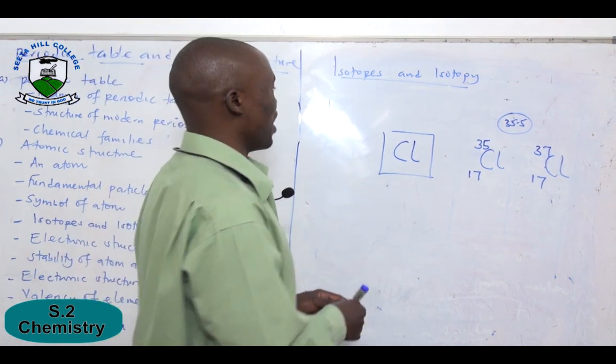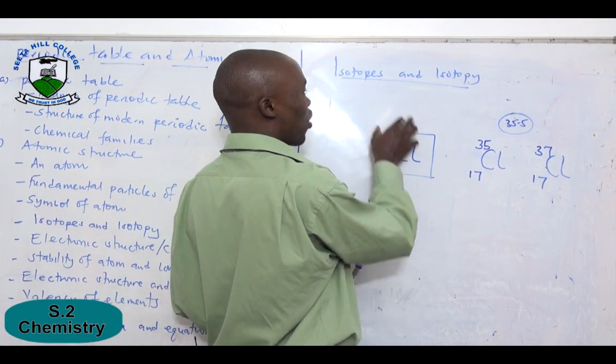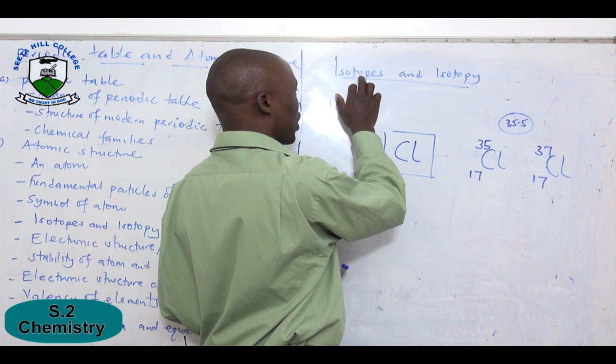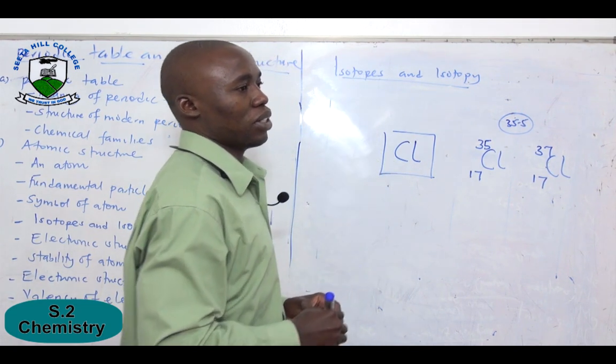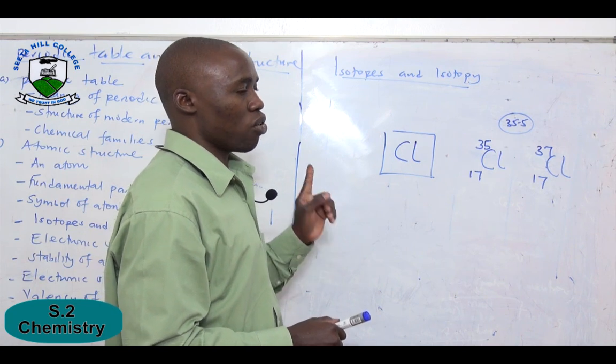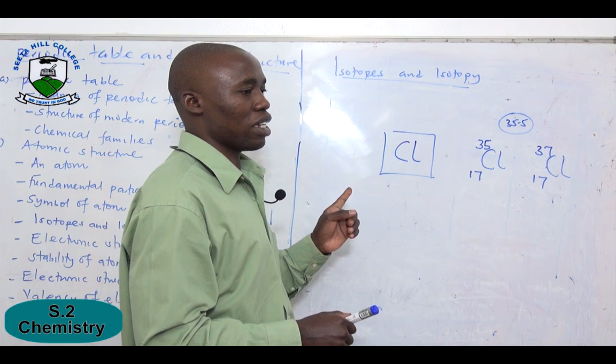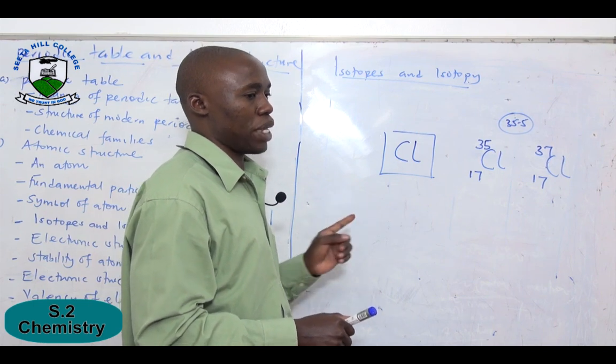The two representatives of the same chlorine are called isotopes. Then all elements which have more than one representative are said to show isotopy.